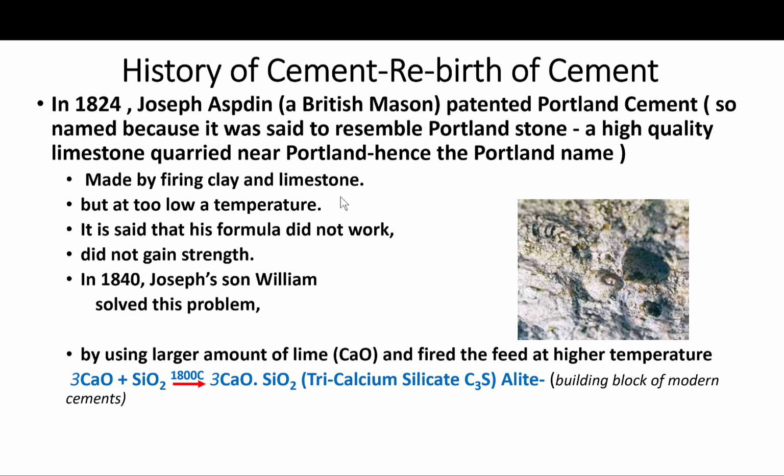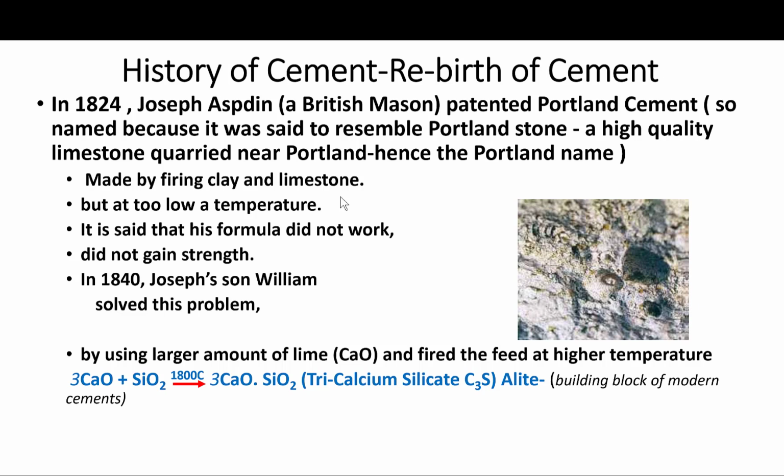He made this by firing clay and limestone, but evidently he did that at too low a temperature. It is said his formula did not work and the product did not gain strength as he advertised. So maybe he was a better salesman than a cement manufacturer, but that was the case.